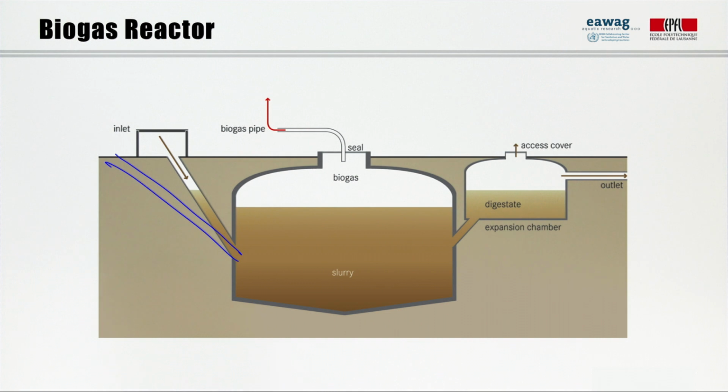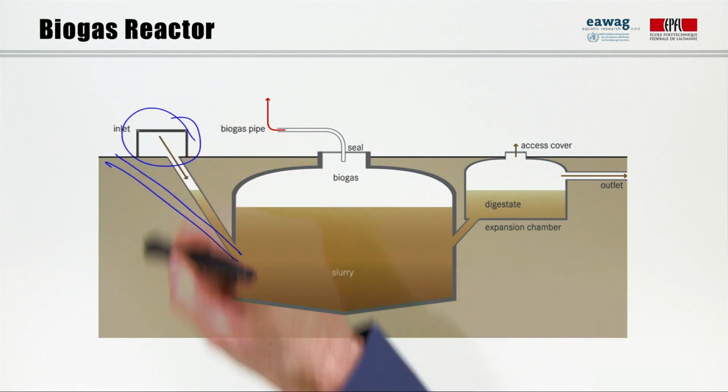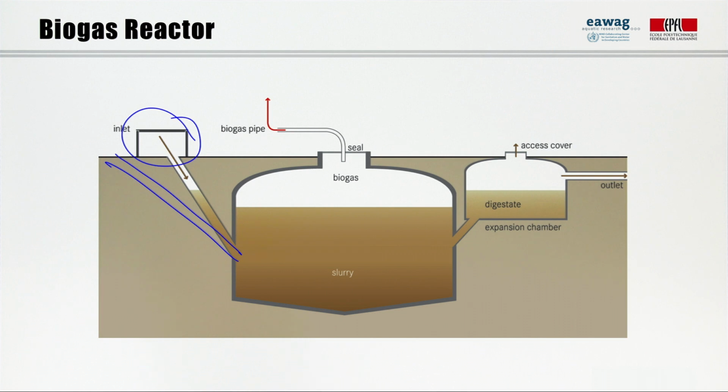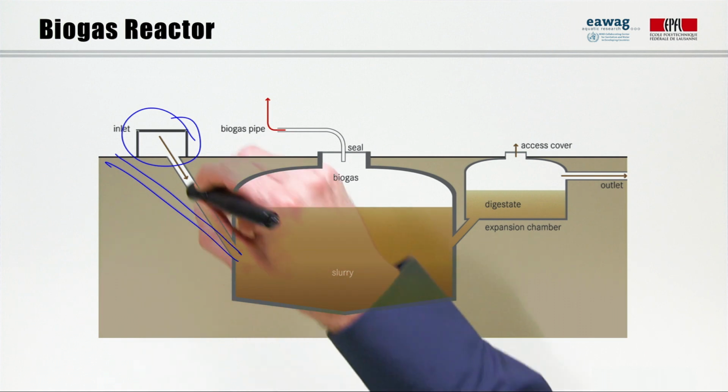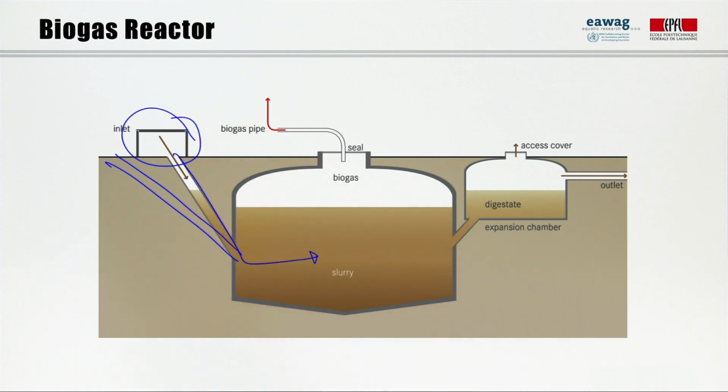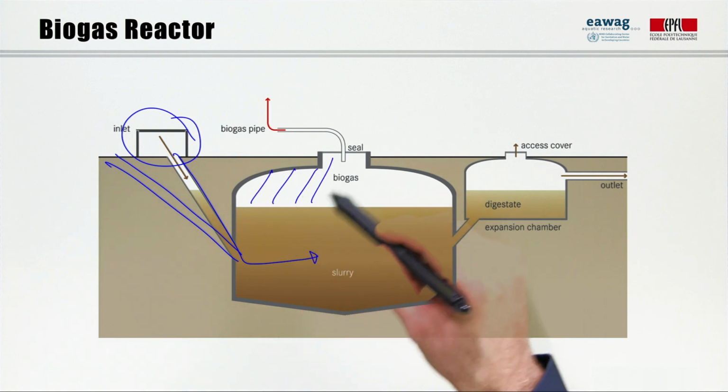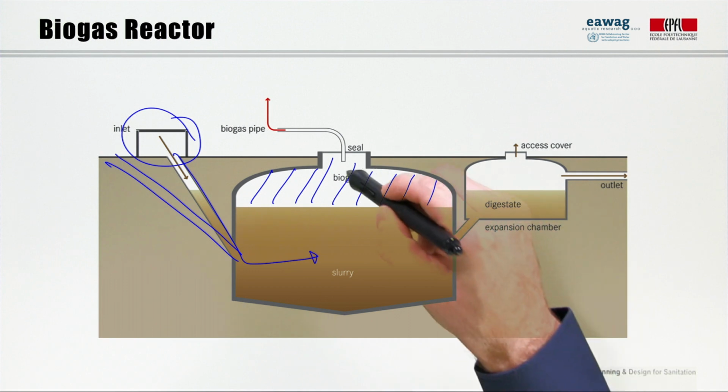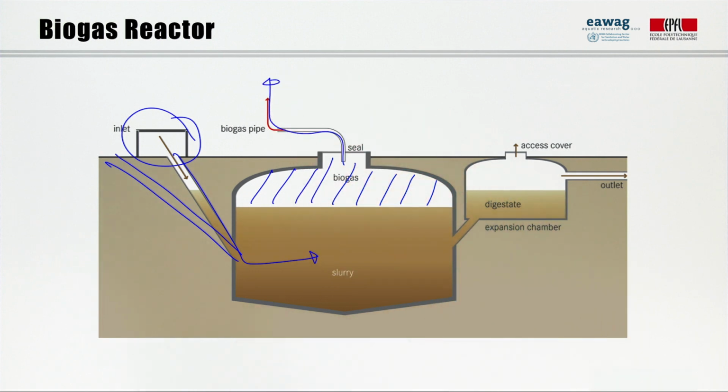In order to produce significant amounts of biogas, additional inputs like cow dung or organic solid waste are normally mixed in at the inlet. The substrate flows into the reactor, where it has a retention time of typically 15 to 25 days. The biogas collects in the dome at the top of the reactor and is transported to the point of use through a gas pipe.